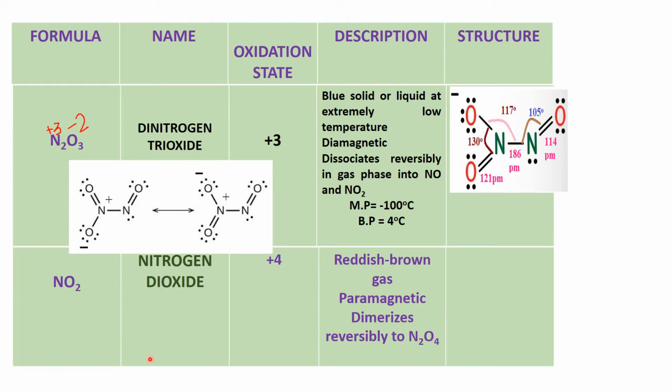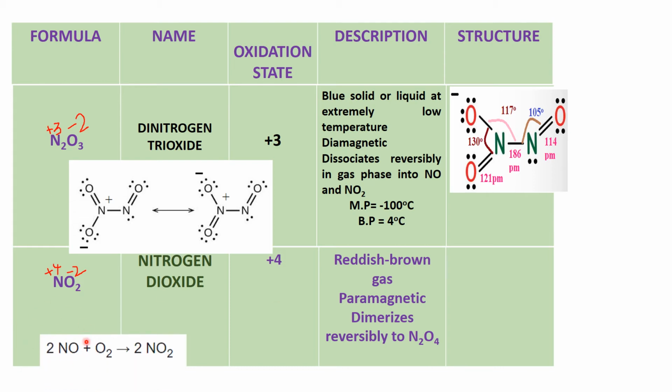Nitrogen dioxide is an important oxide of nitrogen, and in this molecule nitrogen shows +4 oxidation state. It is a reddish brown gas. It is paramagnetic in nature. It can dimerize reversibly to dinitrogen tetroxide.